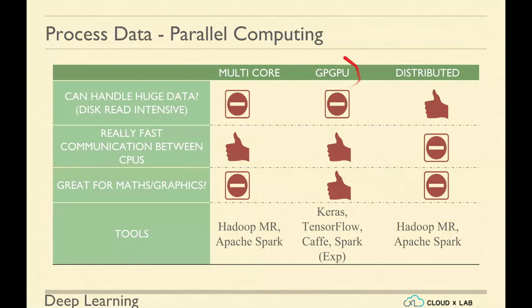Okay, GPUs have hundreds of cores and they are really powerful. Just that they do not have very huge memory and are not great for bigger data. They're great for complex processing, but not great for big data, right? And they are great for mathematical computing, while distributed computing is basically a bunch of computers in a network.